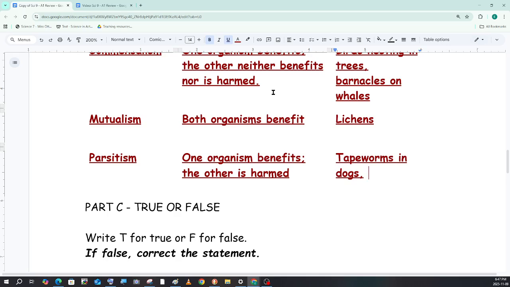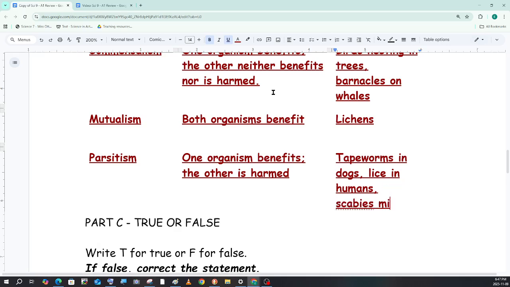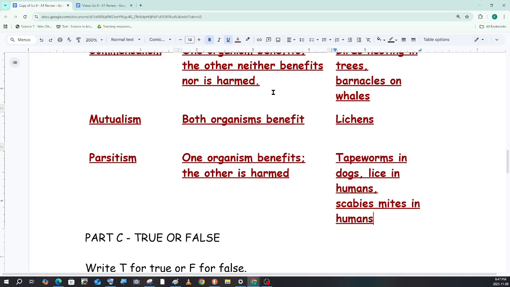So tapeworms and dogs, lice and humans. Again, humans are not the only species that lice affect, but just for the sake of an example. Let me see if I can think of one more. Oh yeah, also scabies mites in humans. Ugh. Science can be gross sometimes. Thanks for bearing with me.